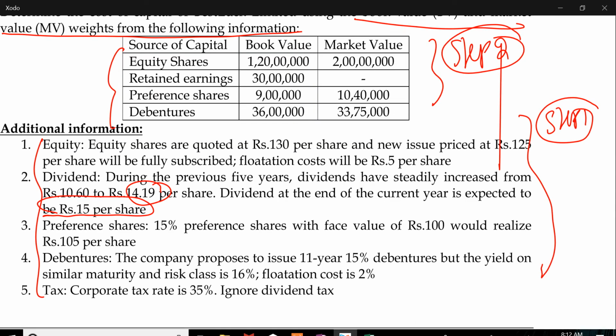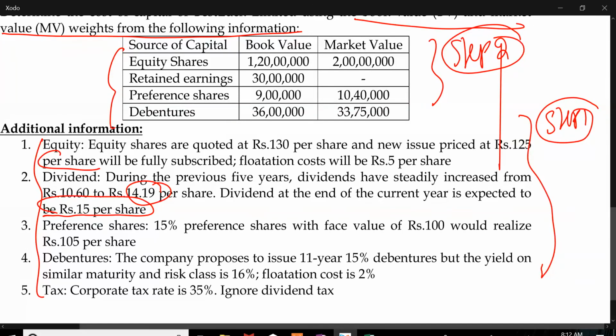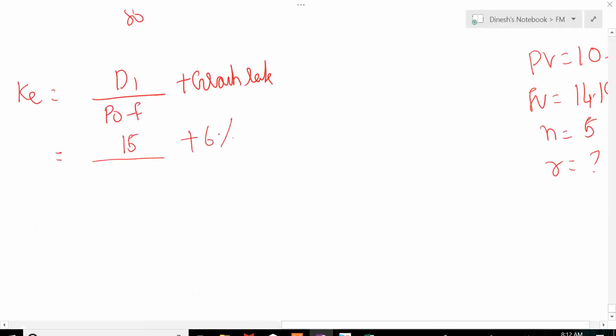Is there any current issue price they are talking about? They are saying equity shares and new issue priced at 125. So new issue will happen at the rate of 125. So the denominator is 125 minus 5.